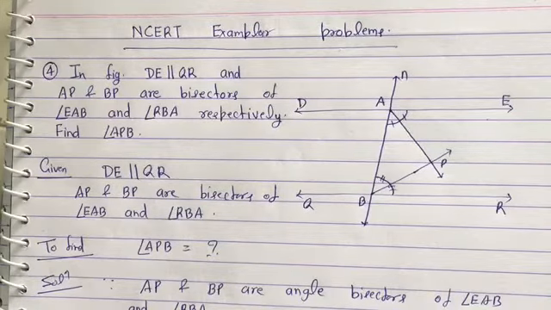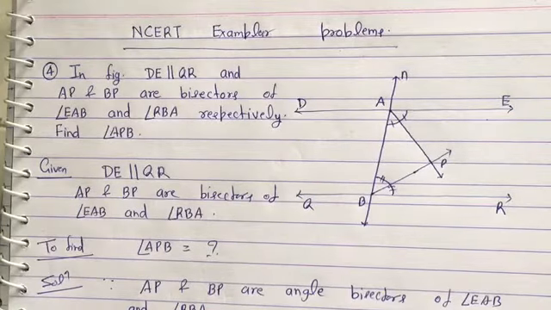In the previous class I gave you the solution of 2-3 problems from your NCERT exemplar book, and in today's class we are going to discuss some more problems and their solution, explanation, all the things.